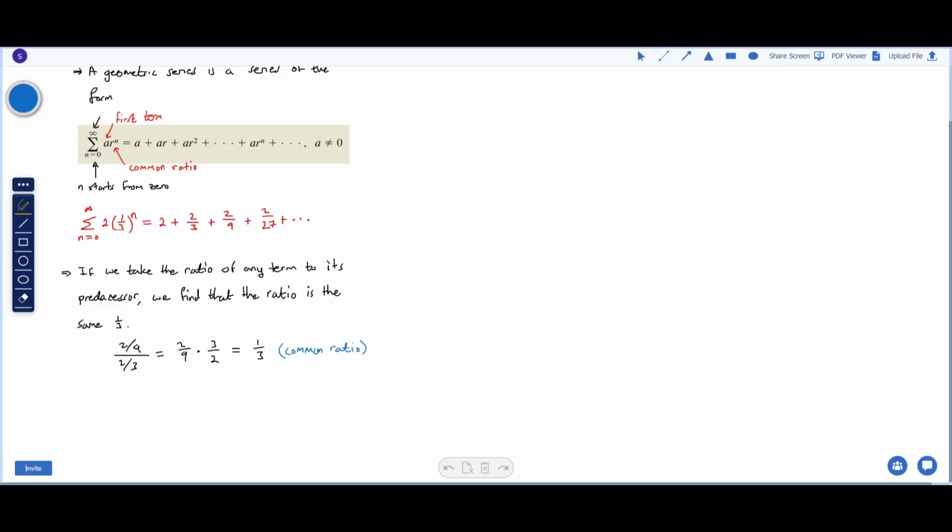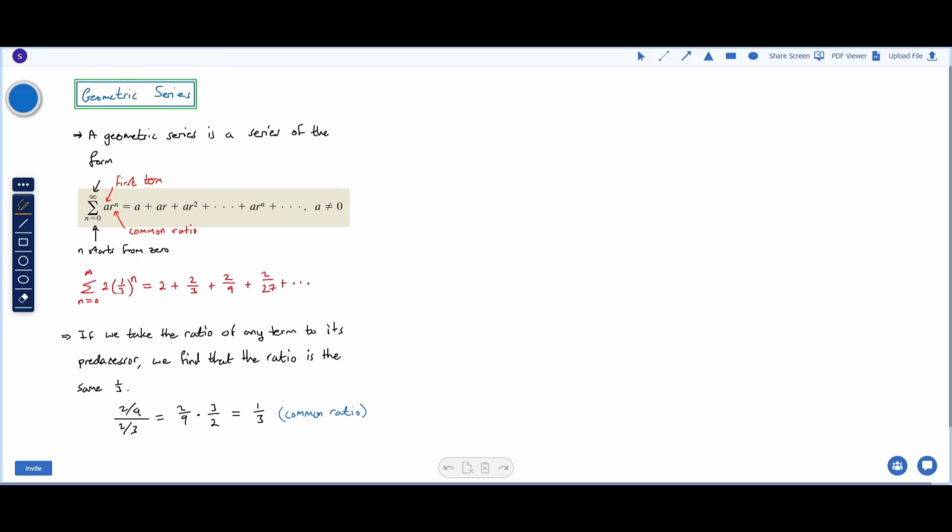Okay, let me show you. Well, let me write the convergence theorem for a geometric series. So say convergence of a geometric series.